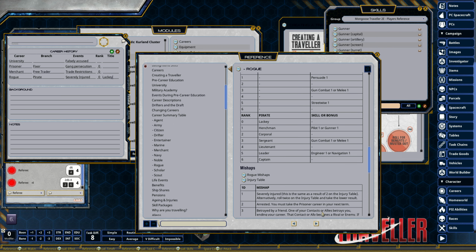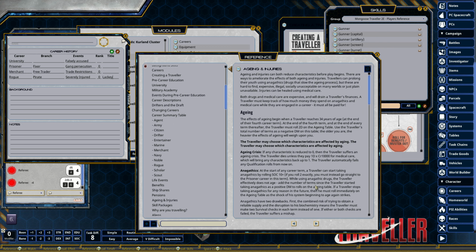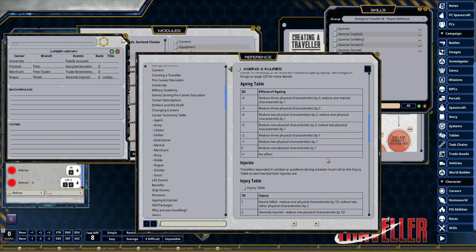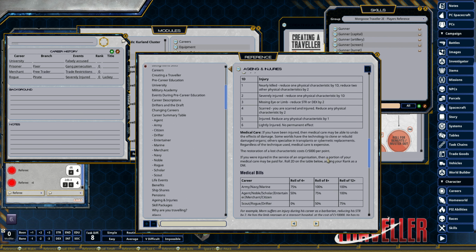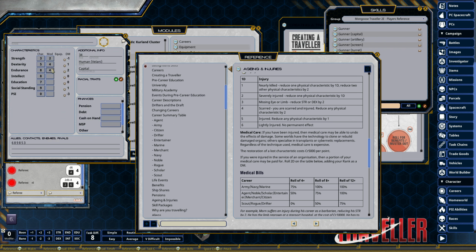Okay. Now, how do I deal with these injuries? Can I get these injuries reversed? Yes, I can. Which is why I put them in the modified slot. But injured medical cure may be able to undo some of the effects.